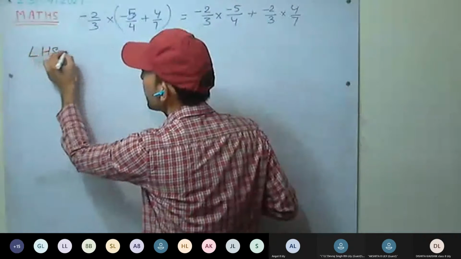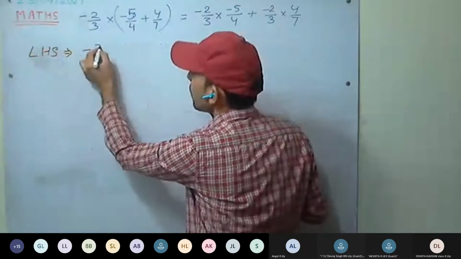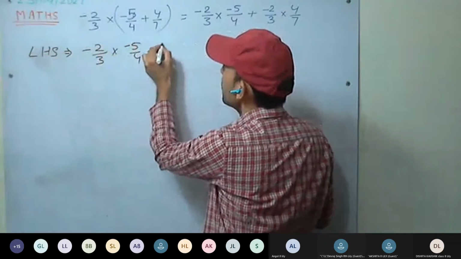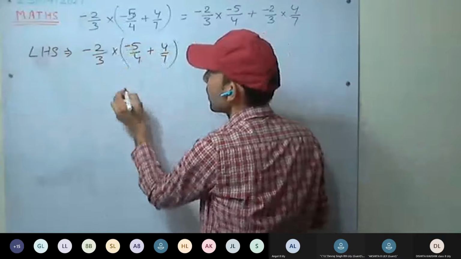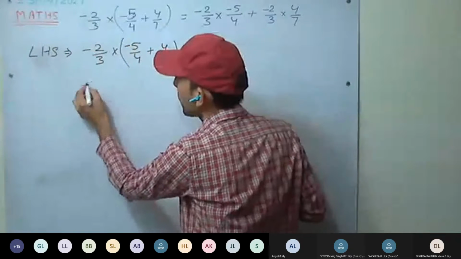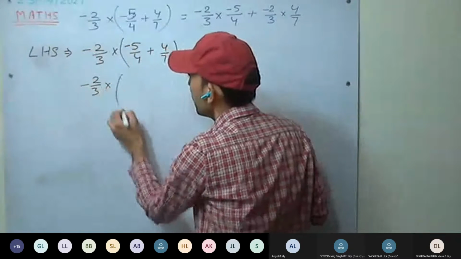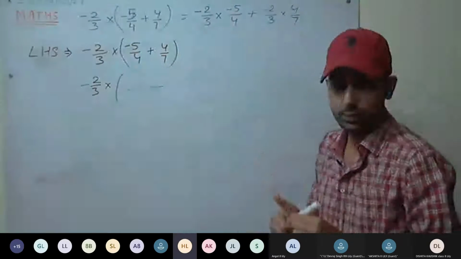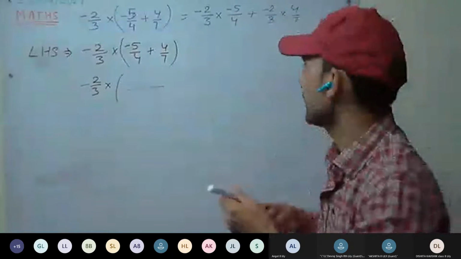So take the left hand side, minus 2 upon 3 into the bracket. If you have solved, check your answer. Now solve the bracket first, minus 5 upon 4 plus 4 upon 7. What will be the LCM? 28.